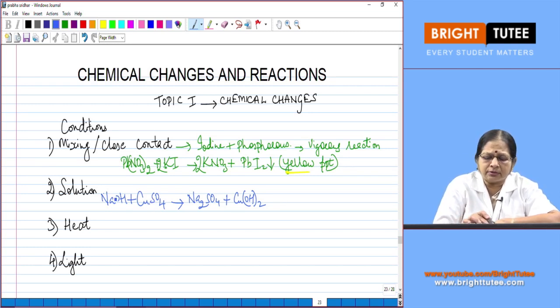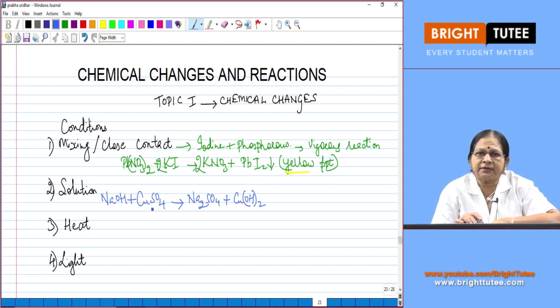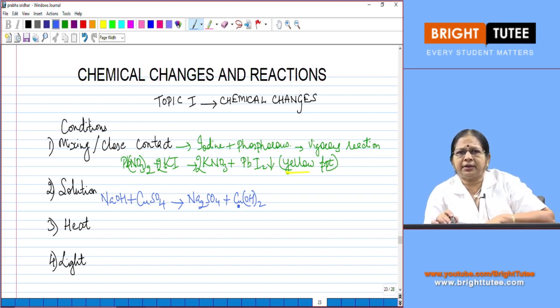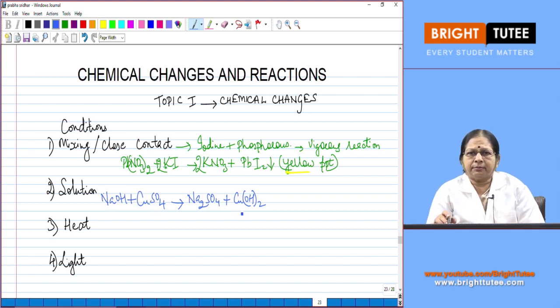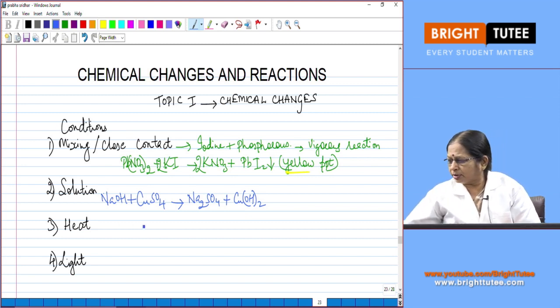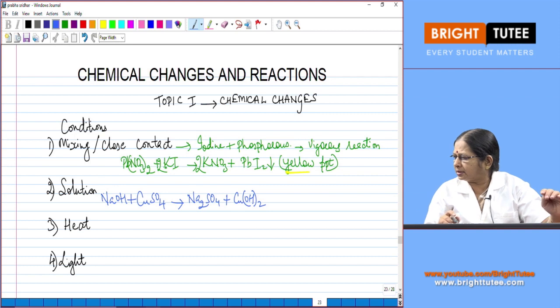Copper sulfate is a blue salt and sodium hydroxide is a white pellet in bulk, but when dissolved in water, NaOH forms a colorless solution and copper sulfate a light blue solution, which on reaction gives copper hydroxide as a pale blue precipitate. So solution form shows a major reaction for such examples.